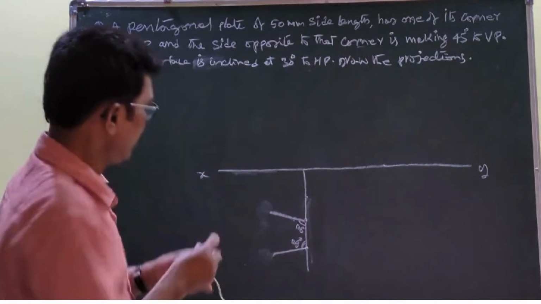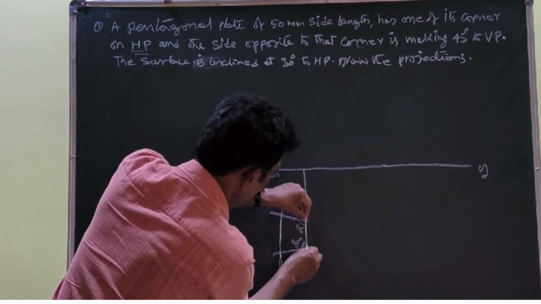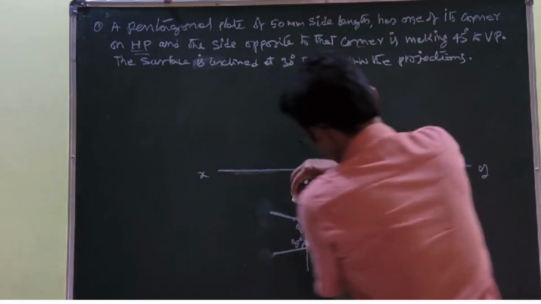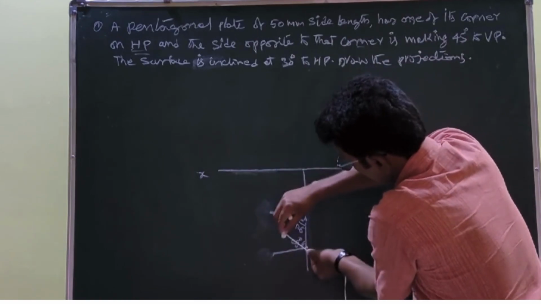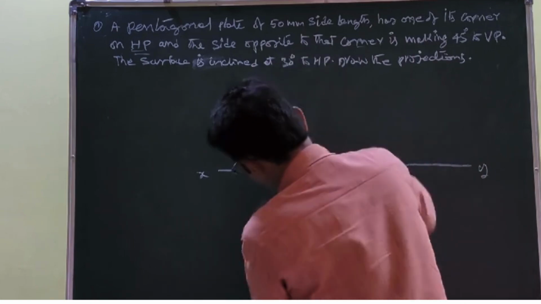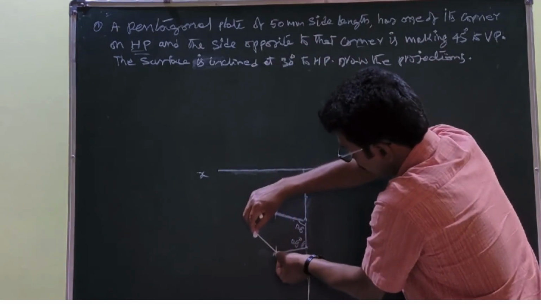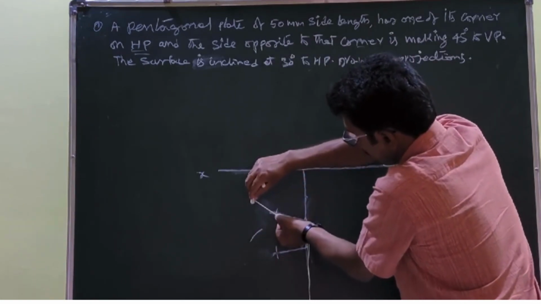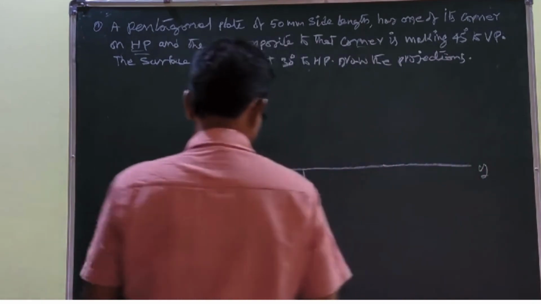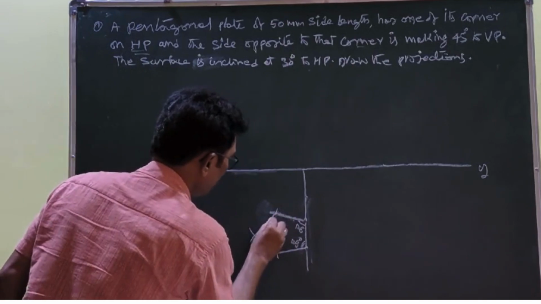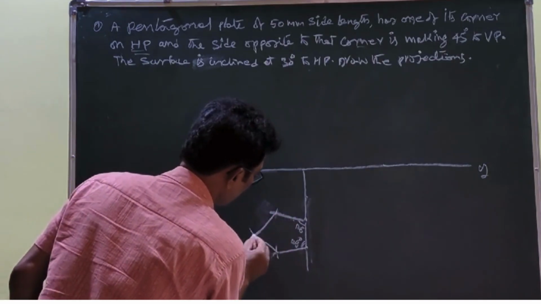With the side as a center, you cut this, this is also a center, you cut this, and this as a center you draw an arc, this as a center you draw an arc. Okay, now you join this, you can get the pentagon.